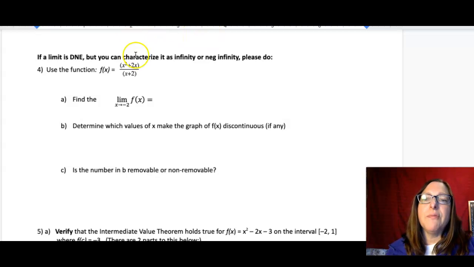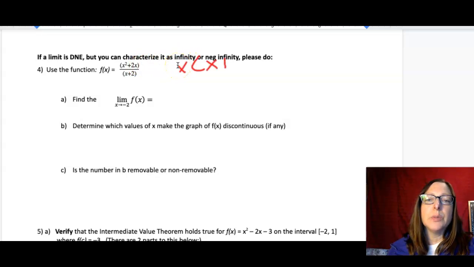All right, problem 4, you can factor out an x on the top, and that leaves you with x plus 2. And then notice you have an x plus 2 in the denominator. So if you try to plug in -2 originally, you will have a 0 in the denominator. So that is a bad thing.